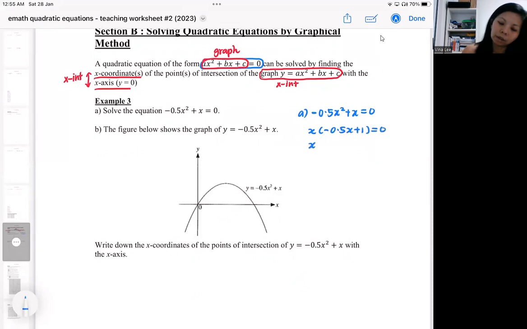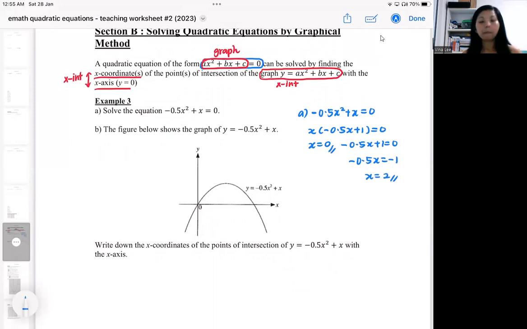Then my first bracket is 0, my second bracket is also 0. You punch the calculator, you will get a 2. So we solve it, whichever method that you want.